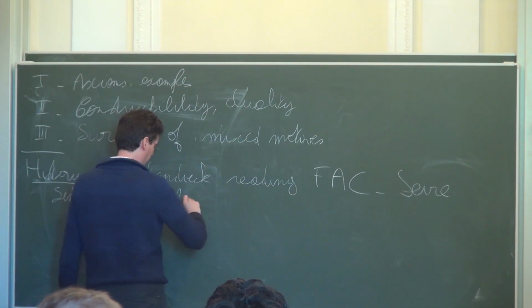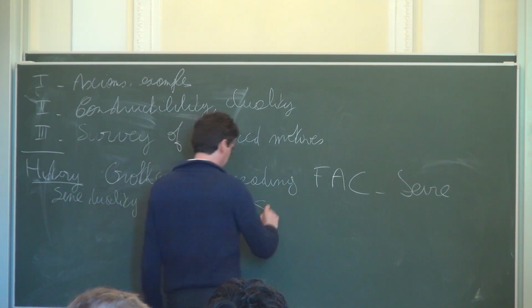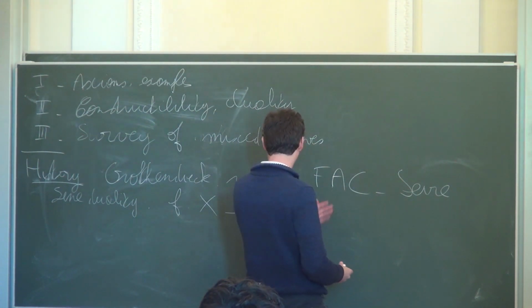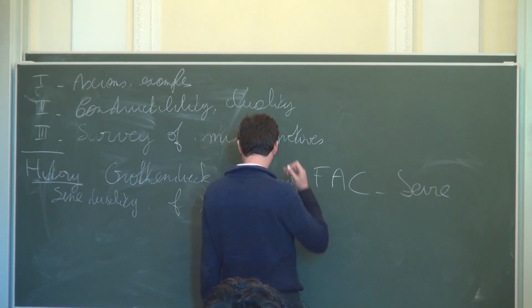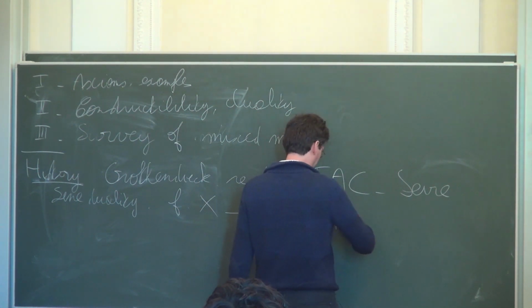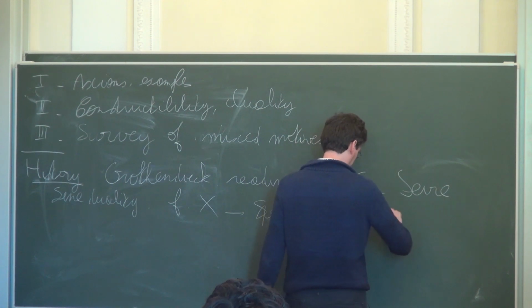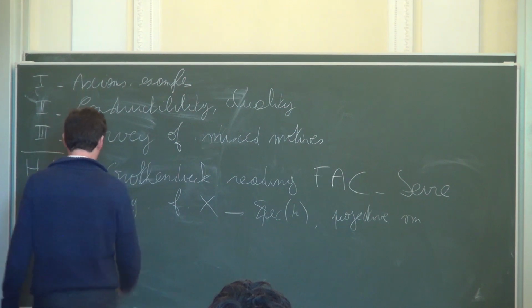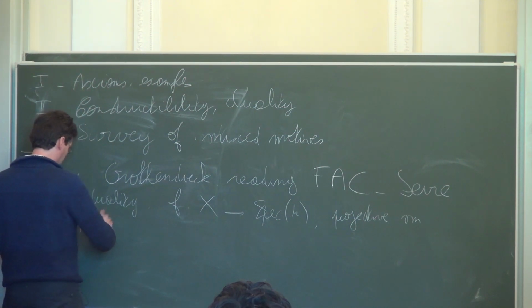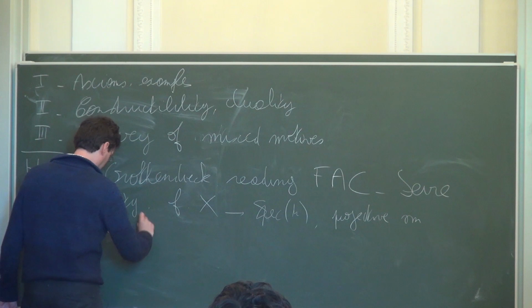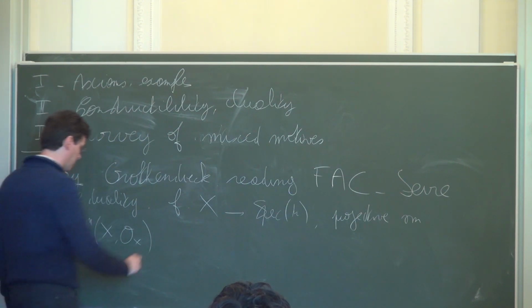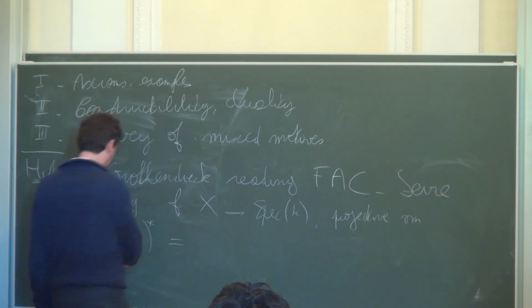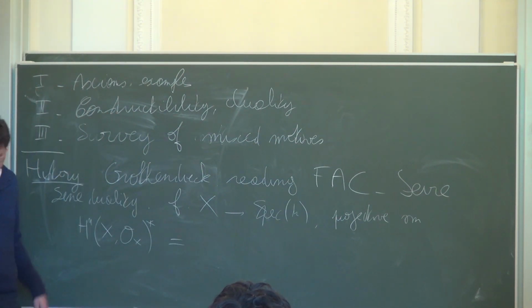Here we take a K-scheme X, where K is a field of characteristic 0, I guess, which is projective and smooth. Then you can state Serre duality like that. You look at the coherent cohomology of X, and you look at its dual in the sense of K-vector spaces.